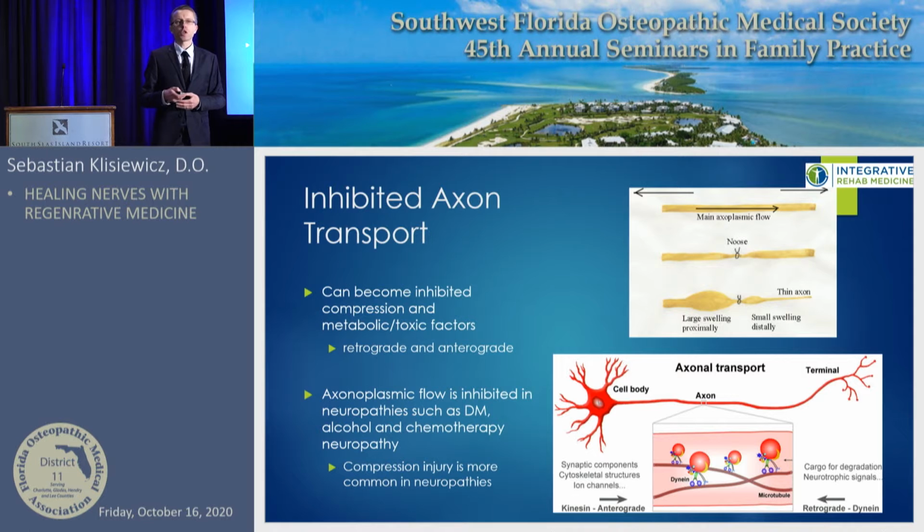So even conditions like diabetes or alcohol or chemotherapy-induced neuropathies, that axon transport system is reduced. And then we very often find that people that have a peripheral metabolic or toxic neuropathy are so much more prone to compression neuropathies because their axon transport system is already compromised from the condition that they have. Then a very light compression, like in you and I, may not cause any neuropathies, but in these people would actually cause a neuropathic condition.